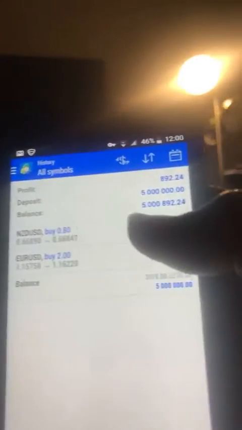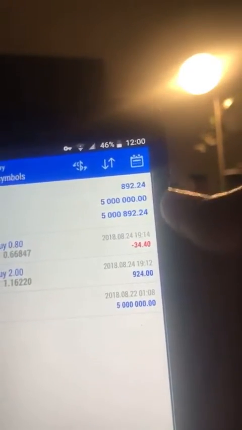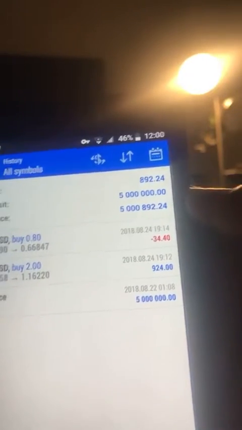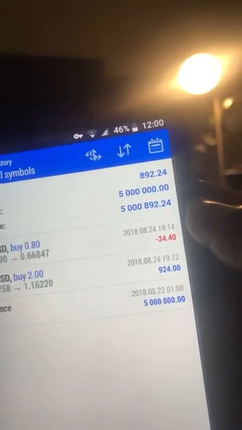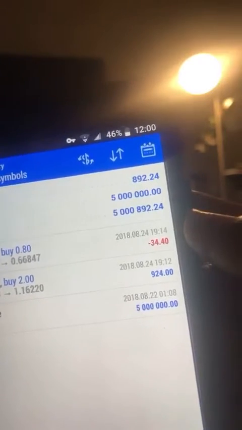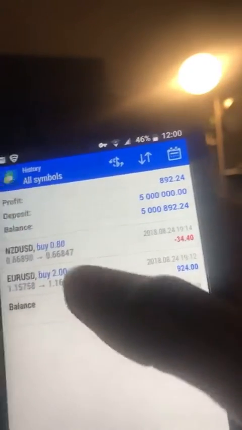So this has chat room, newsroom, and then we have the history. So the history is saying she started with a $5 million demo account, and she profited $892 so far. So now her balance is the sum of that.